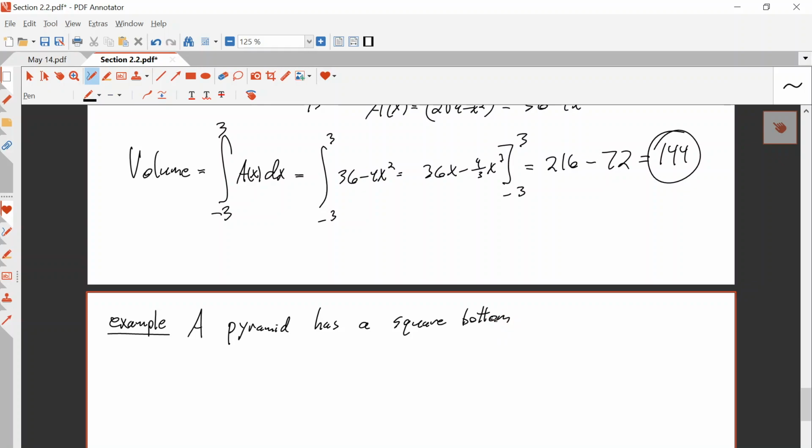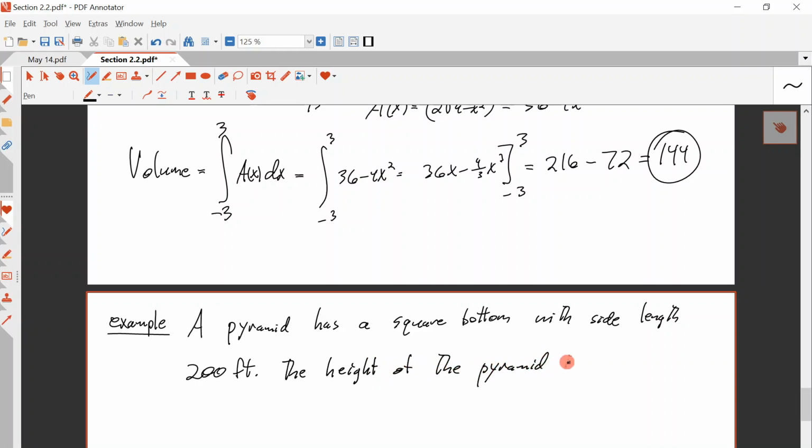It has a square bottom with side length 200 feet. The height of the pyramid up in the center is 100 feet. What is the volume of the pyramid?